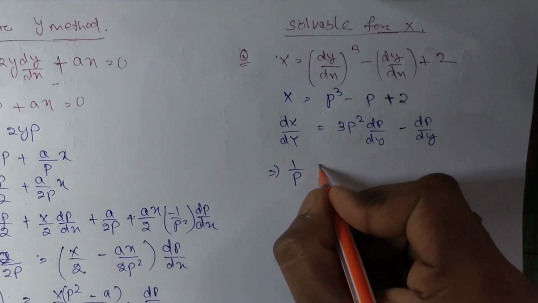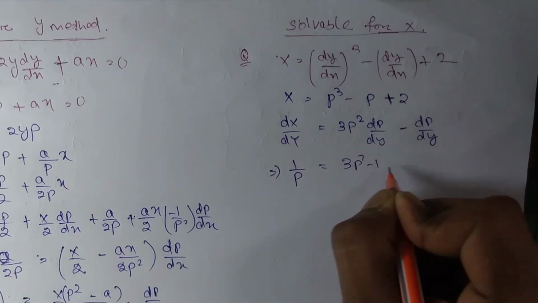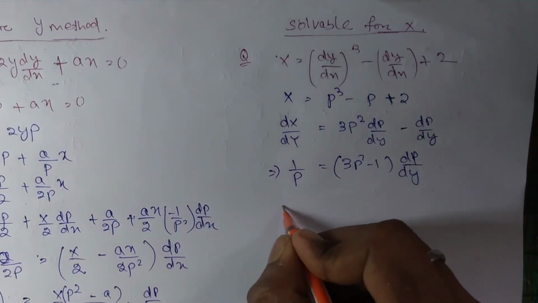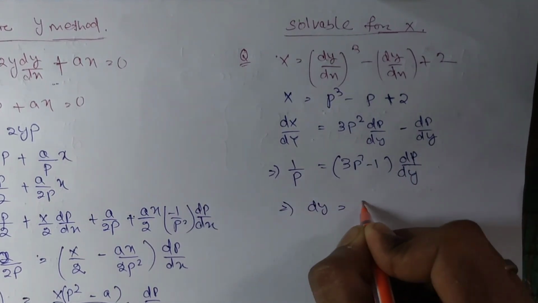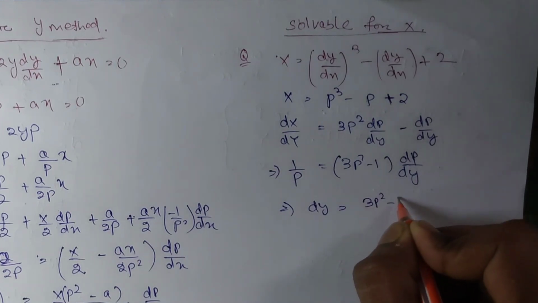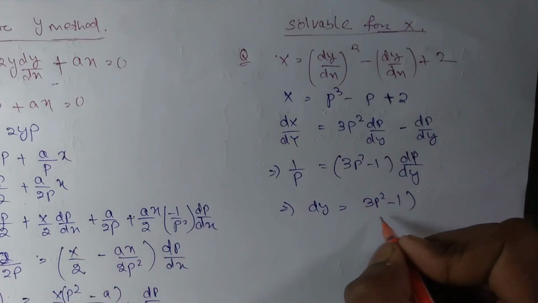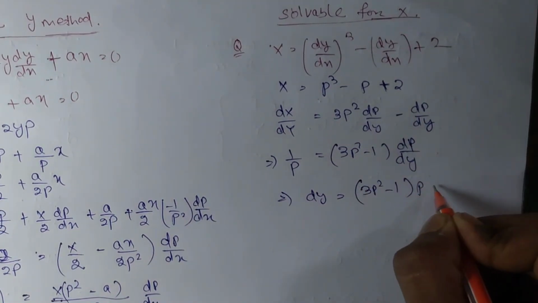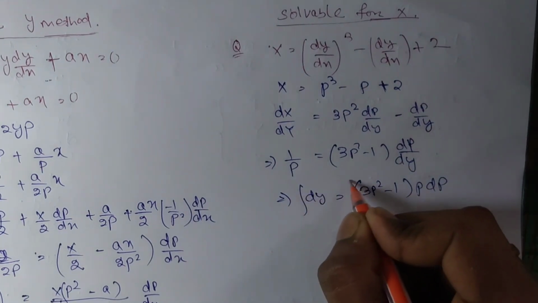So 1 by p equals (3p square minus 1) dp by dy. So dy equals (3p square minus 1) times p dp, and now integrate both sides.